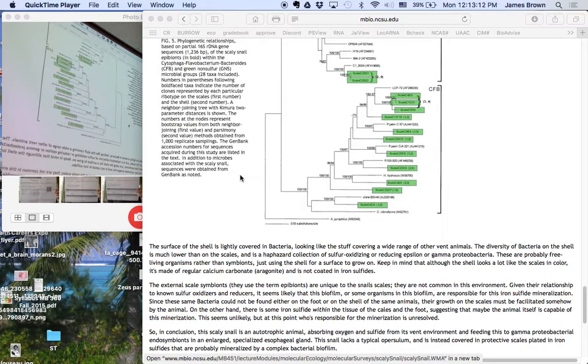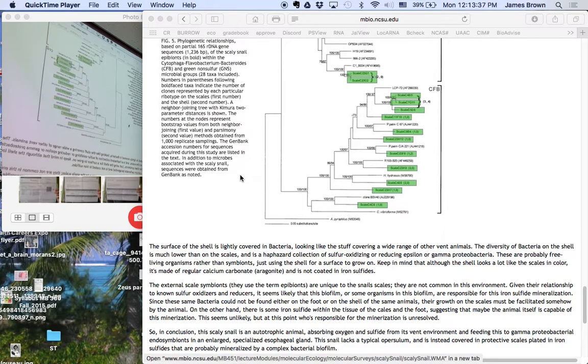And so you've got a very, very rich, very diverse biofilm on these scales, not what you expect for just a solid surface. And so they conclude tentatively that it's probably that biofilm that's producing the iron sulfide plating on the scales. They haven't done an experiment to prove that, though.